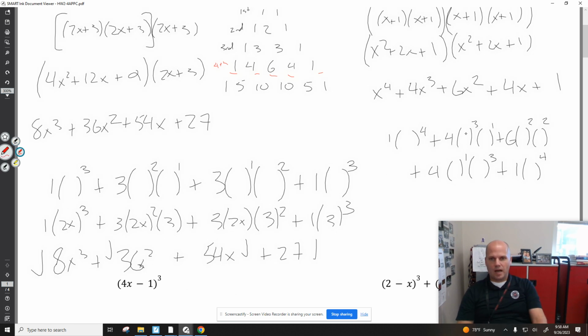So we'll have x to the fourth, x cubed, x squared, x to the first, and 1 to the fourth. This is how we get the same thing using the binomial theorem.